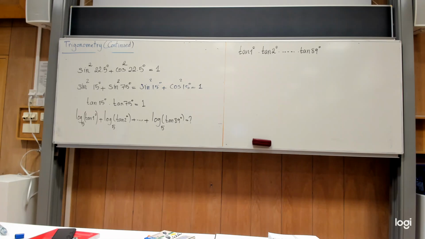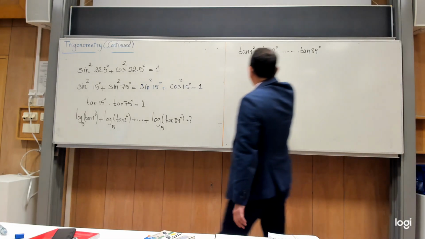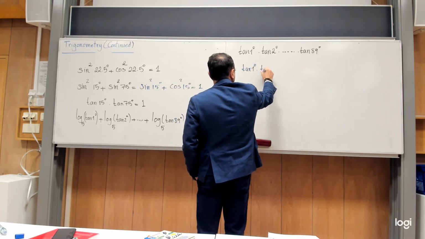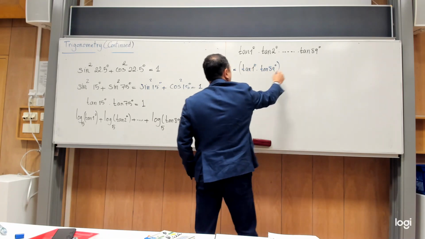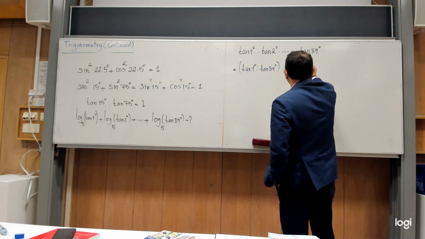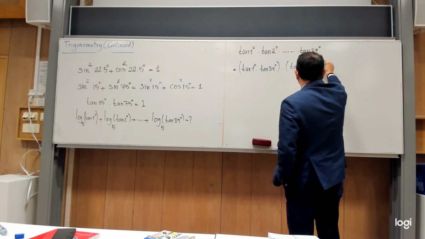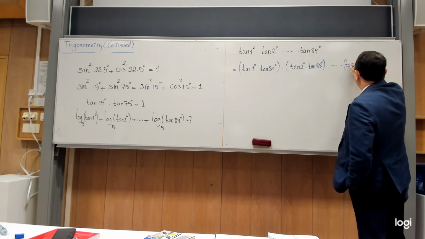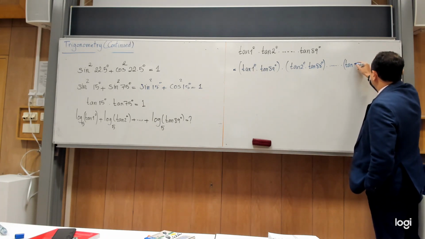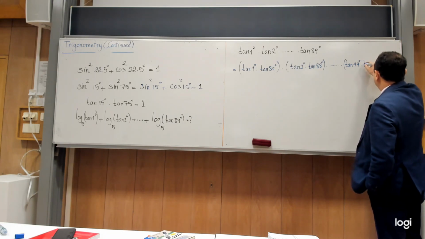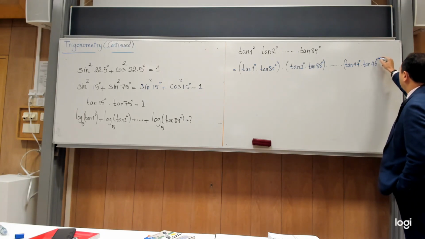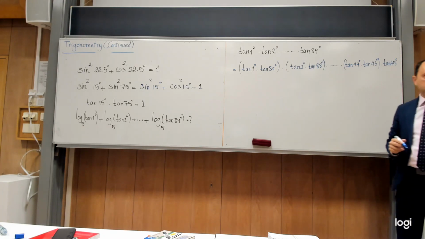Is that understandable? Let me just explain it again. If you want to answer this question, you can arrange them in this order. I hope you immediately understand there is no difference in how to multiply them. Do you agree with this equality that I have written on the board?